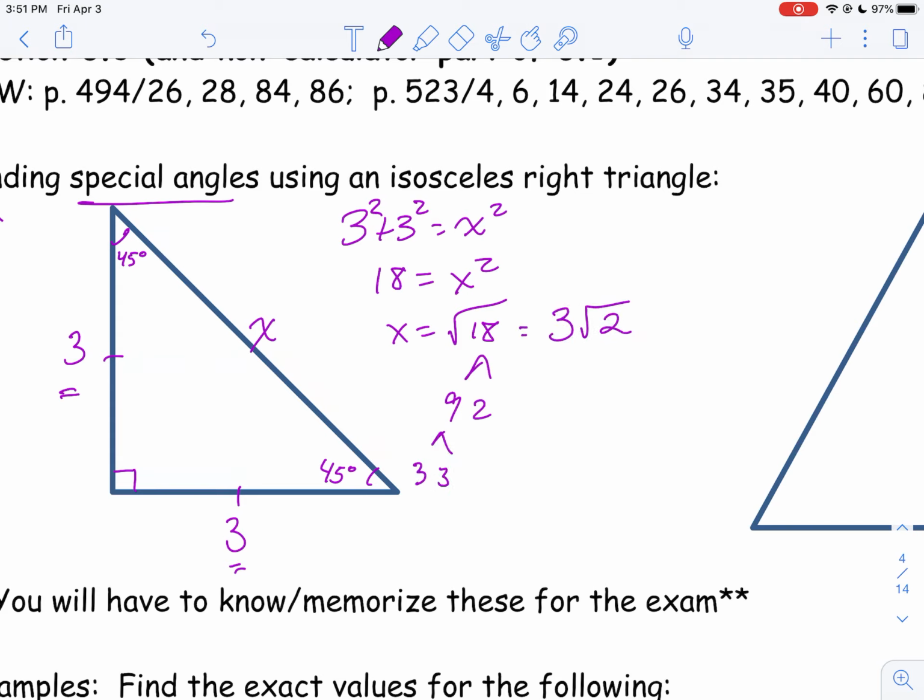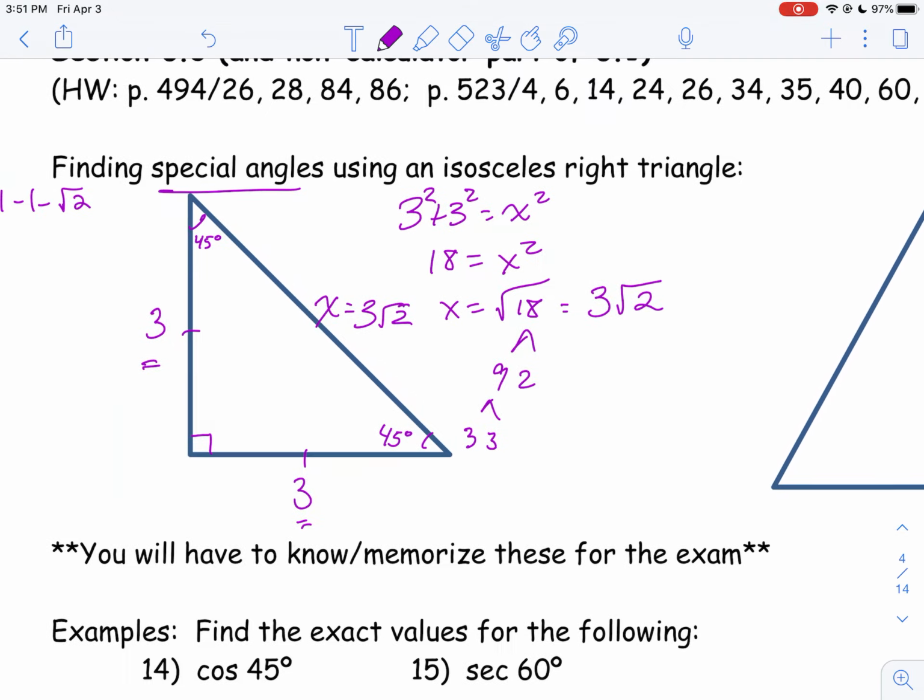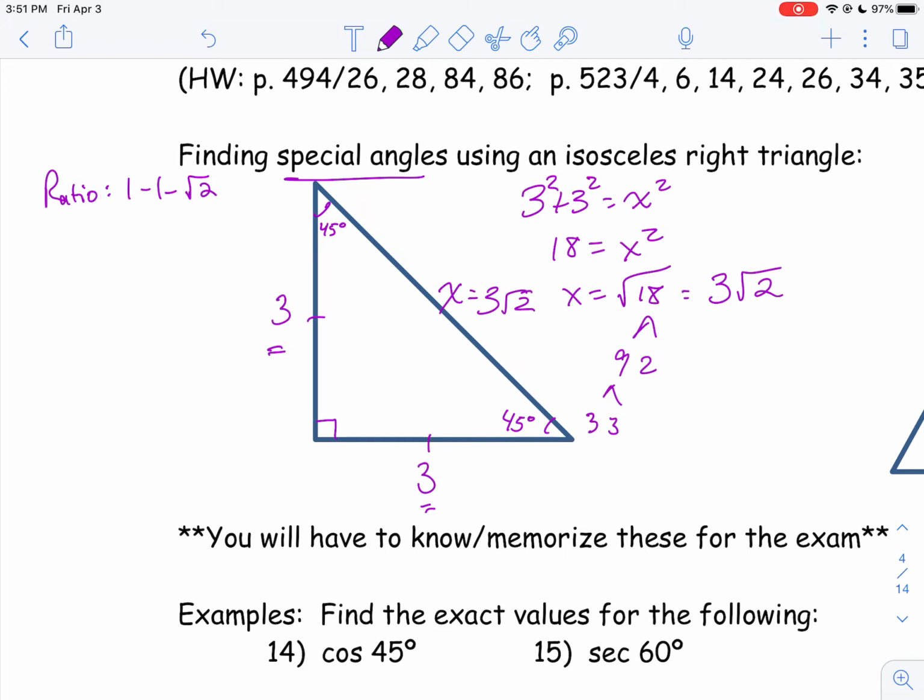That's going to give us 3 square root of 2. Now, notice they're still in the ratio of 1, 1, square root of 2. In other words, if I think of these as fractions and simplify them, 3 square root of 2 over 3, I'm left with square root of 2 over 1. Still the same ratio, and we'll look at that more a little bit later.